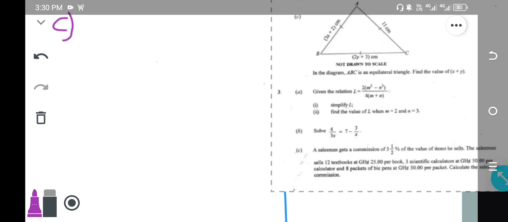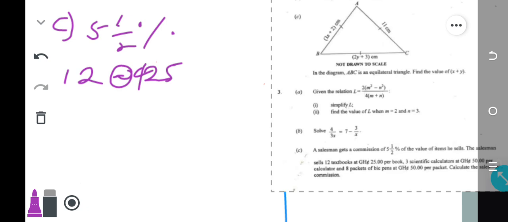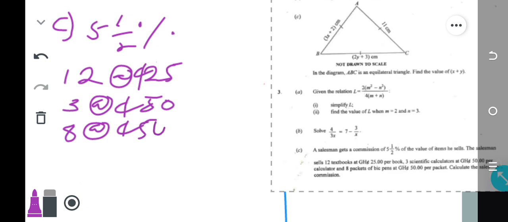And so C, the commission rate is 5.5%. All right, and the items he sells are 12 textbooks at 25 Ghana cedis, and then 3 calculators at 50 Ghana cedis, and then 8 packets of big pens at 50 Ghana cedis.